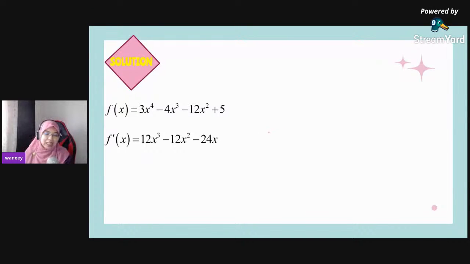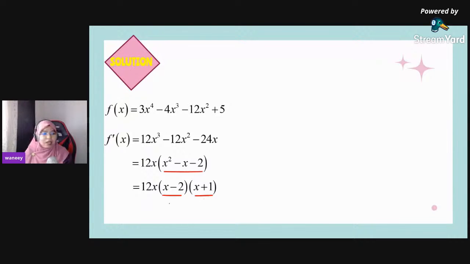Then we let it equal to 0 because we want to know the stationary points. So factorize first. We get 12x(x squared minus x minus 2). Then factorizing this quadratic, you get (x minus 2)(x plus 1). And then of course, you let them equal to 0 now.